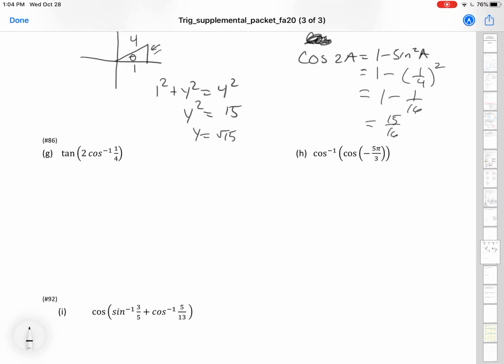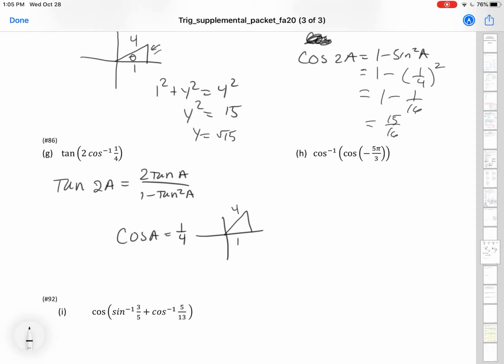So how are we going to do the tangent of 2 cosine inverse of 1/4? We're going to remind ourselves that tangent of 2a is equal to 2 tan a all over 1 minus tangent squared a. Well, I don't know what tangent a is. I do know that cosine of a, though, is equal to 1/4, and that a is a first quadrant angle.